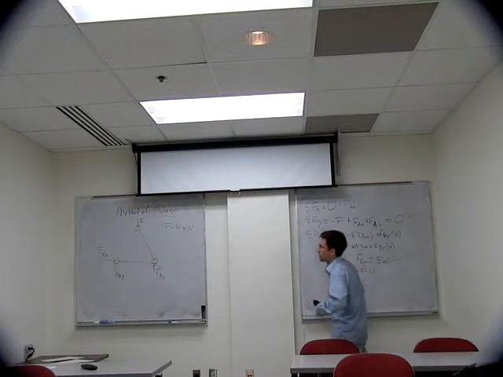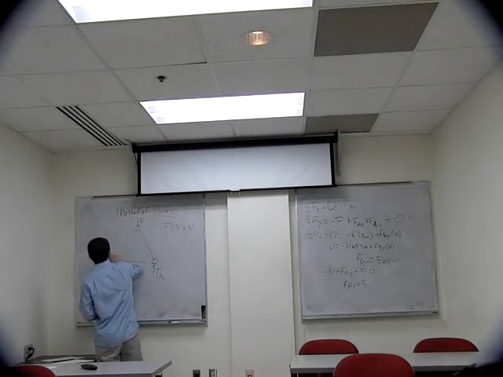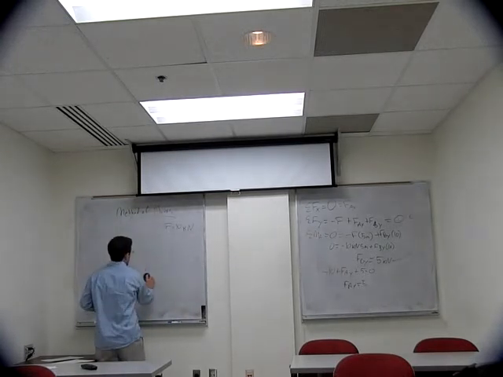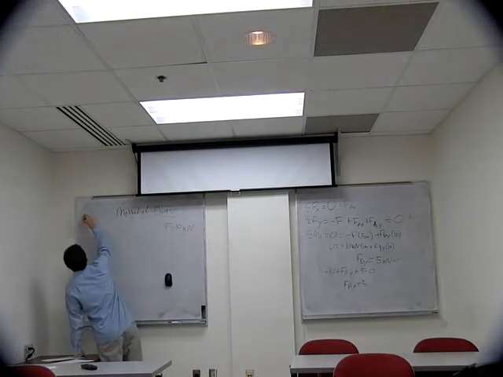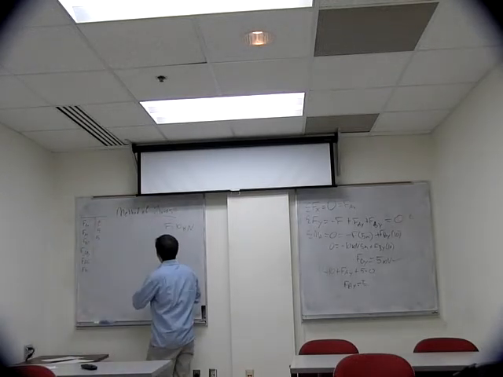So let's start a little chart where we can catalog all of our results. The things that we want to find are FAX, FAY, FBY, FAB, FAC, and FBC. All right, so we're halfway done.